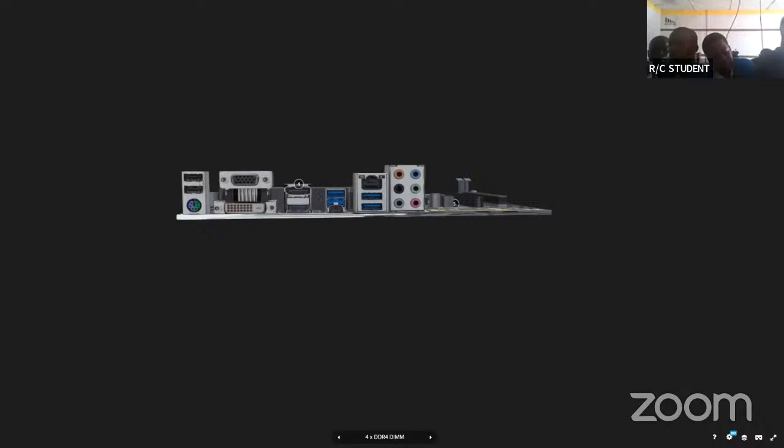Can you see? No, sir. You see all these things over here, they are called auxiliary input. Then we have this one, the HDMI port.